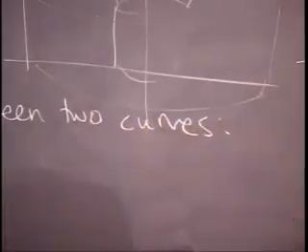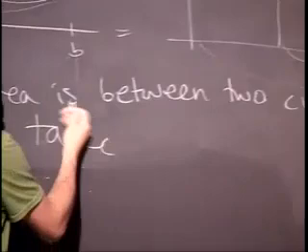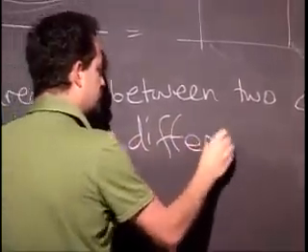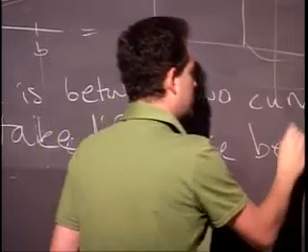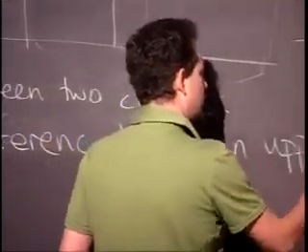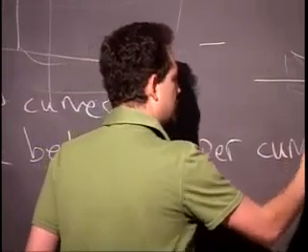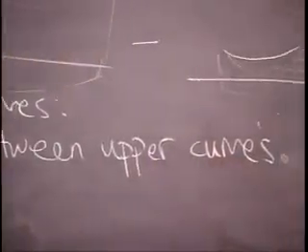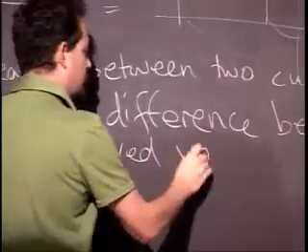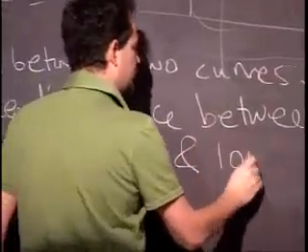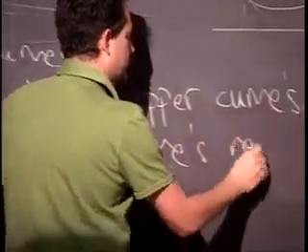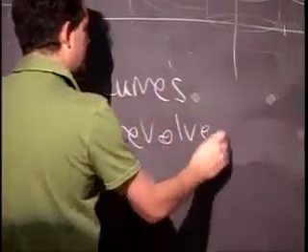Take the difference between the upper curve revolved volume and the lower curve revolved volume. So find them separately.